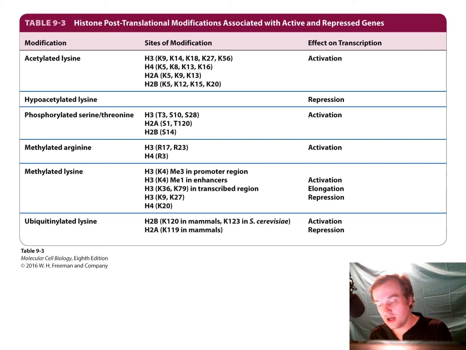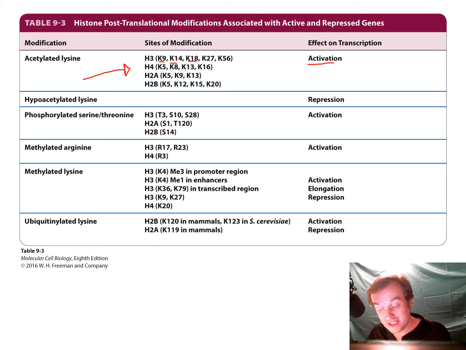In addition, as we mentioned earlier, these acetylation events always happen at lysines on these histone tails. As you can see here, K9, K14, K18, that's the number at which the lysine appears in that histone tail, so its position, and it has an activating effect.